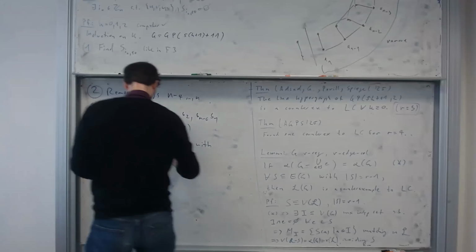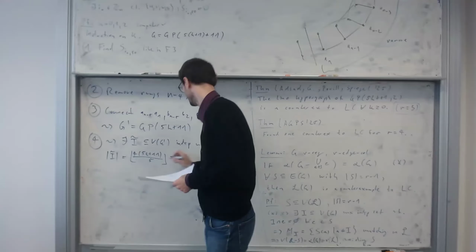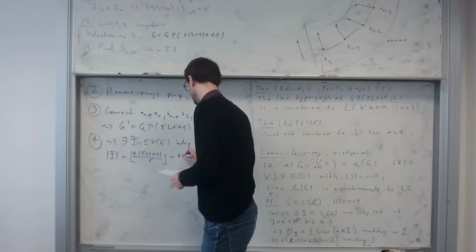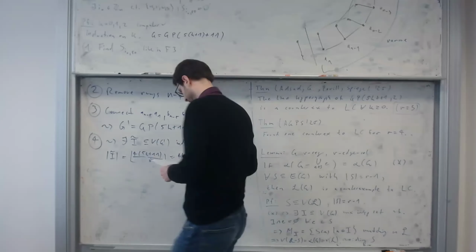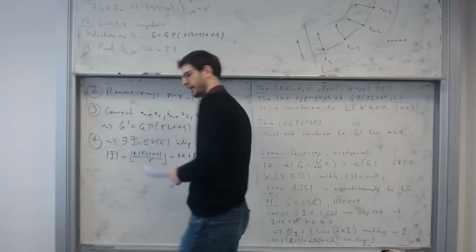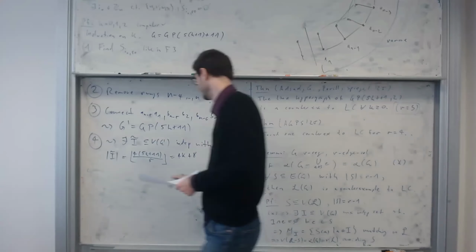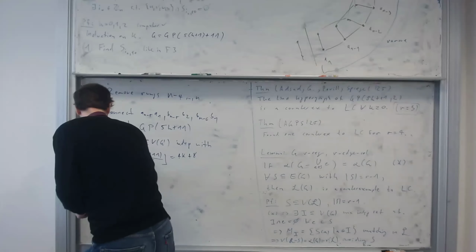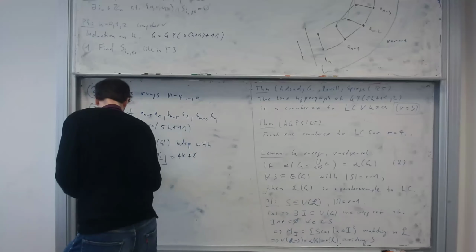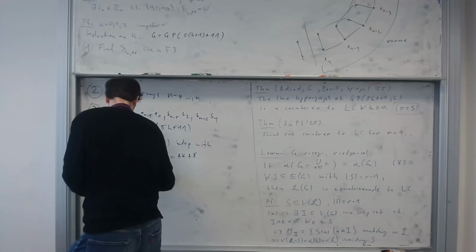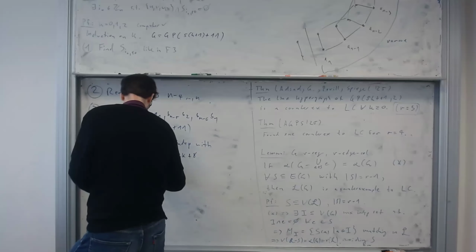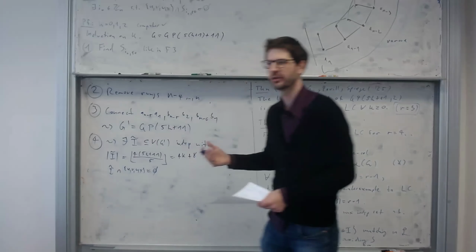And then, well, this is just 4k, and 44 divided by 5 is 8, obviously. And then we have that the independent set also does not intersect any of these orange vertices. Yeah, this we just get by induction hypothesis.